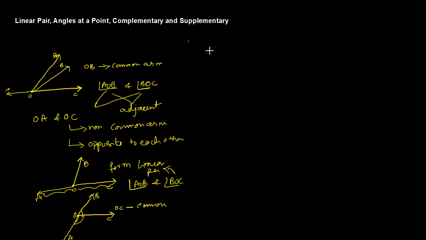Let's just draw that here so you will know exactly what I'm talking about. A, C and somewhere B. So if OA is opposite to OC, or OC is opposite to OA, it's actually going to make a straight line.